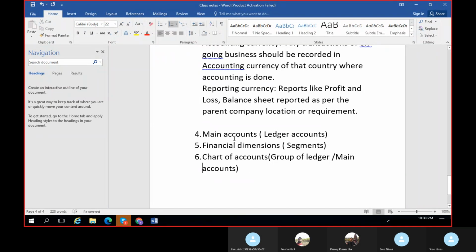If there are 10 main accounts related to rent or transport expenses and you want to group them, you can create that under the chart of accounts. While configuring it, I will show you the difference between the chart of accounts, financial dimensions, and main accounts.